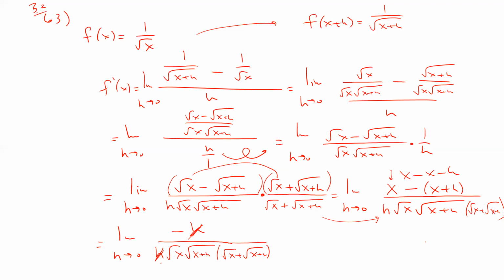Now I just have square root of x times square root of x plus h times square root of x plus square root of x plus h. Let's see, it's almost. Okay, this guy here, and then we got all this stuff.